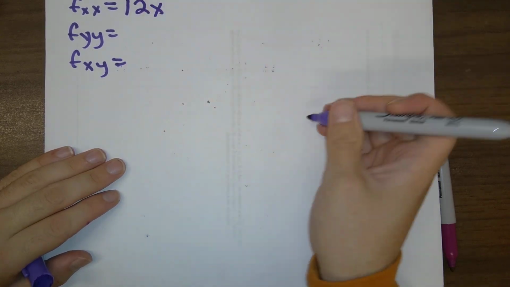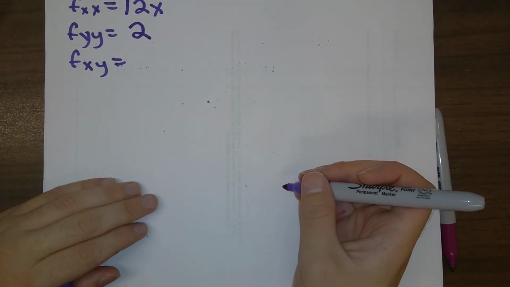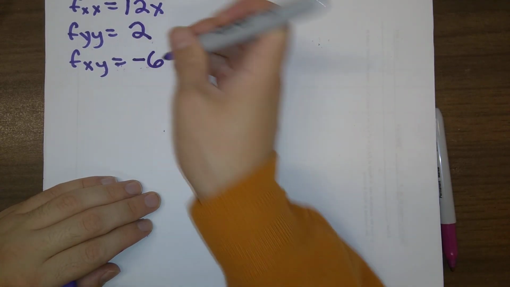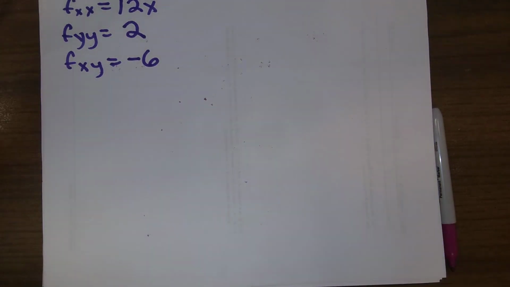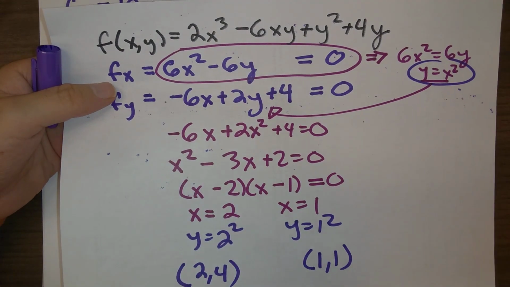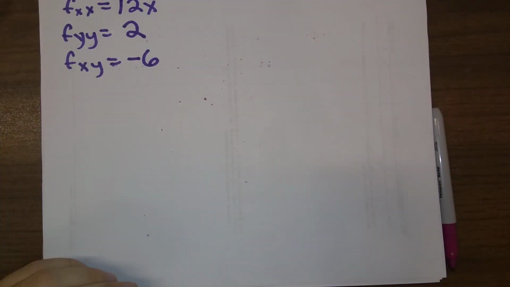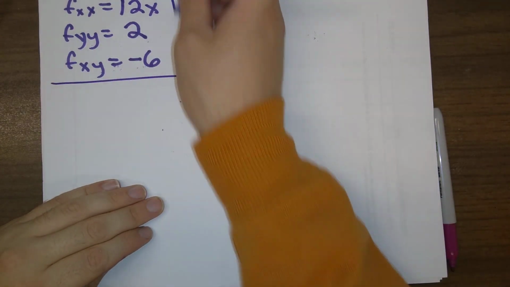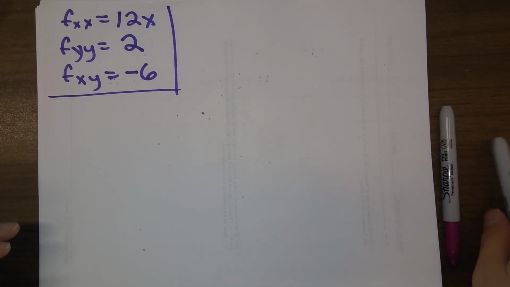Those are 12x and 2. And fxy is minus 6. Remember, we could find that either by taking the y derivative of f sub x or the x derivative of f sub y. Everything in here is nice, so those are equal. So there are our necessary second order partial derivatives.